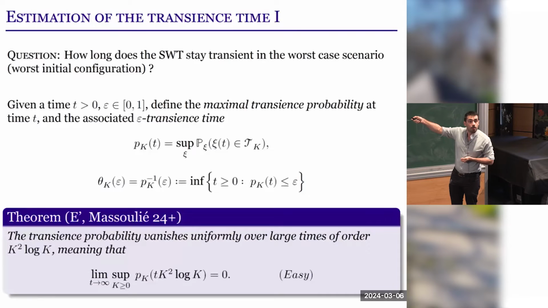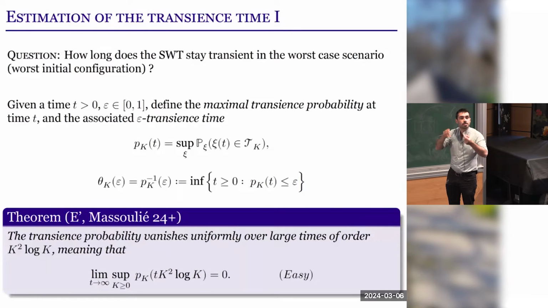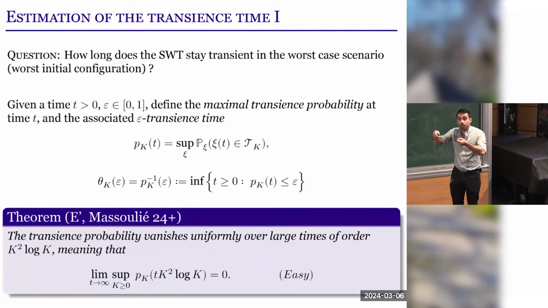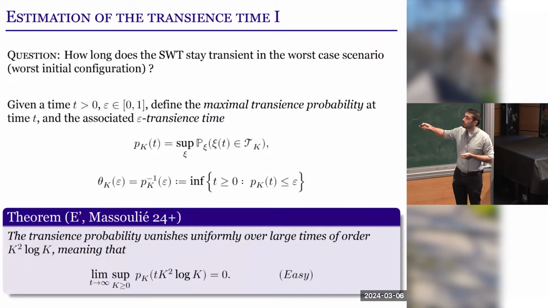But the transience time for a configuration with a lot of traps is going to be very fast. So it's not going to be the worst case scenario. You're going to remain transient a very short time, because your particles almost immediately are going to jump over the traps and get deleted. I'm interested in the configurations that are going to yield the longest transience time.